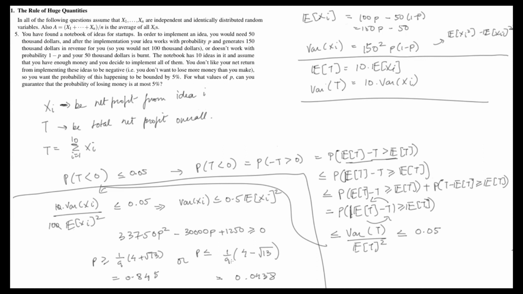And obviously you don't want p to be less than or equal to 0.0438, because that means the probability of your success is going to be very, very low.